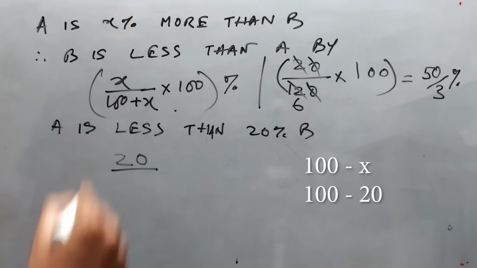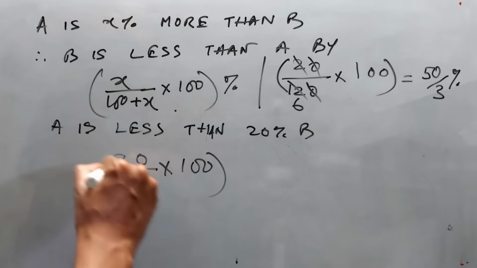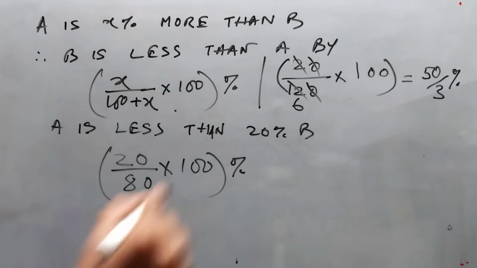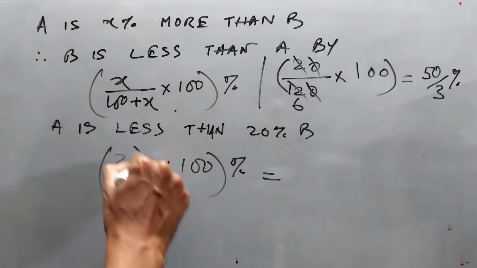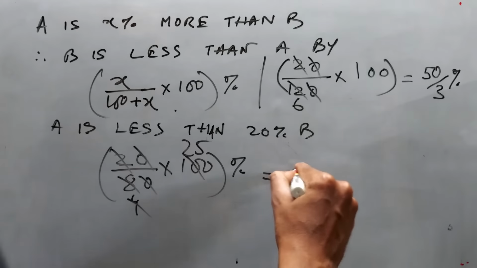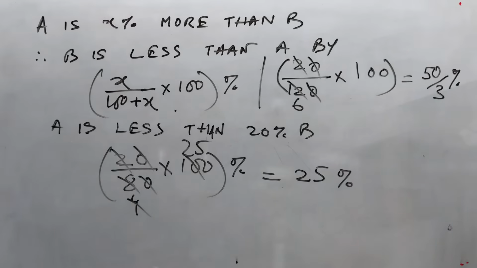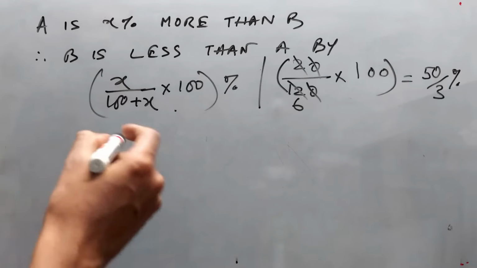That is 100 minus 20. That means 80 into 100%. Don't forget this sign because this is the thing we have to do. Now this is 4 and this is 25. So 25%. Simple.